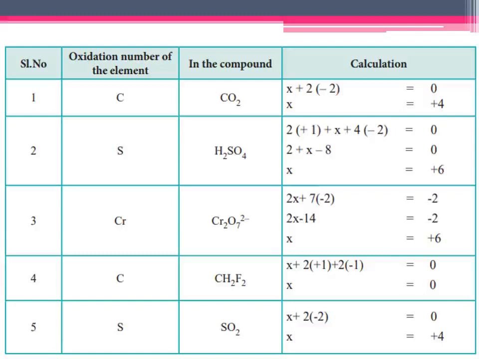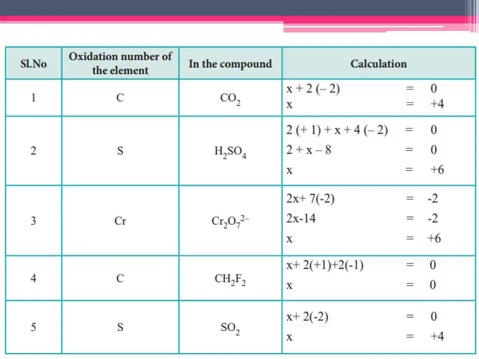See in chromium, Cr2. So, chromium we don't know. So, 2 molecules of X plus 7 into oxygen, minus 2. Then in the power there is 2 minus. If in the power there is nothing, we have to write equal to 0. If in the power there is something, you have to write equal to minus 2.